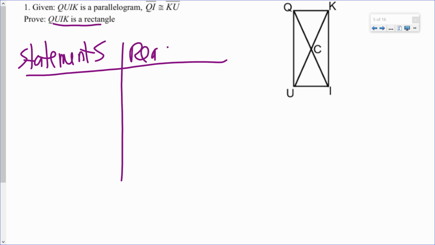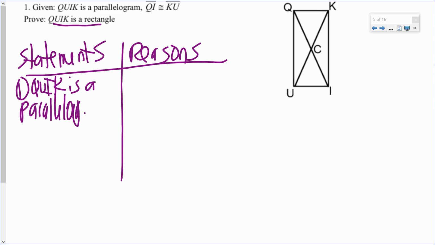Statements, reasons. It's already a parallelogram. If it wasn't, I'd have to prove it was a parallelogram first. QUICK is a parallelogram. Given. All right. Well, now I need either congruent diagonals or a right angle.